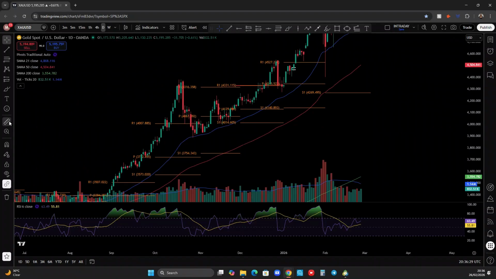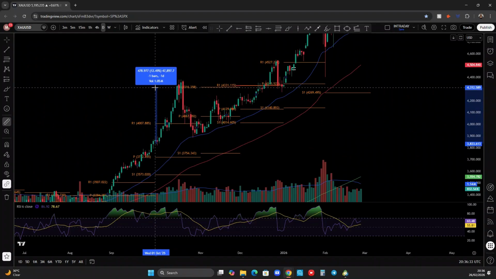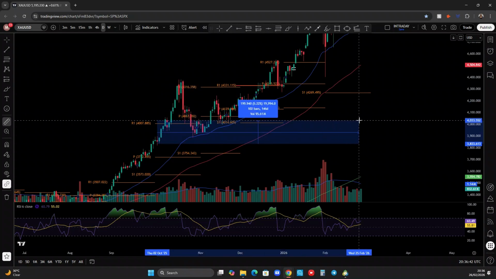So here, how many pips is this? This is 489 pips. You could definitely do something with that.